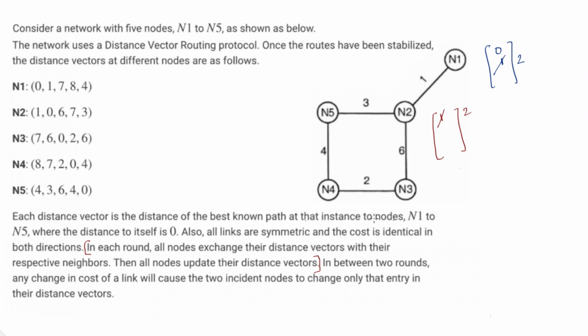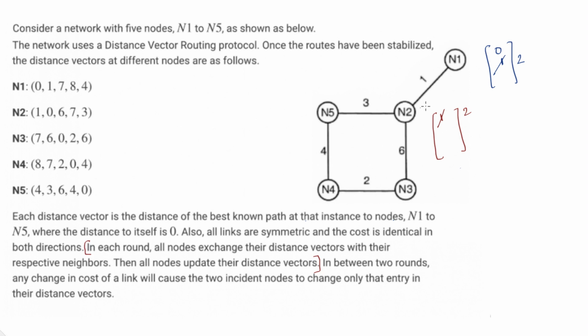So one round is defined like an exchange, and if there is a change in any link, then you need to immediately update it, which means you will not wait for another round to update it. You will immediately update the values, and these values will only be updated on the corresponding entries, which means only this n2 to n1 will get 2.